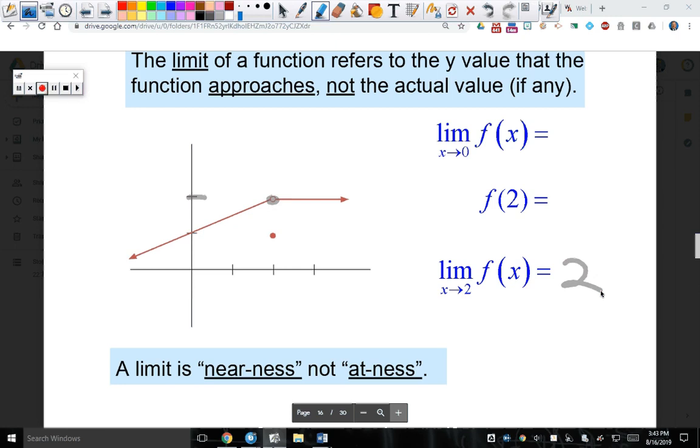What does it want to approach? It's the nearness versus the atness. So look at f of 2. It's at 1. The nearness, the limit, wants to be at what? 2. With me?